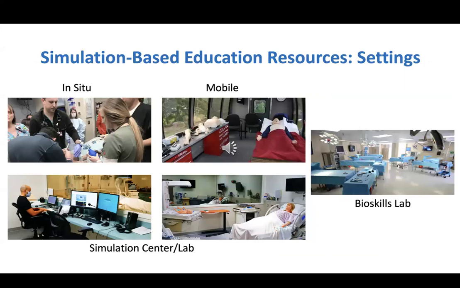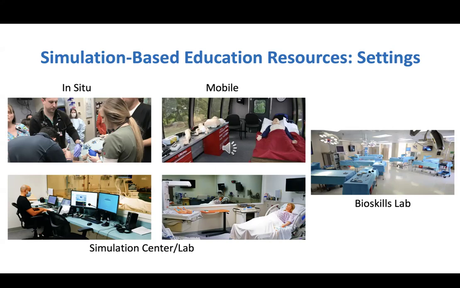Being familiar with the different types of settings available will also help the educator choose the most appropriate setting for each SBE. Having a dedicated simulation space, such as a simulation center or lab, is an incredible resource. The location of the program can also influence learner accessibility and the educational content.